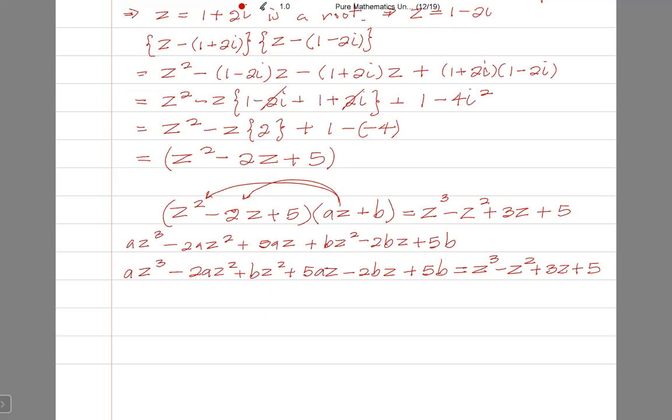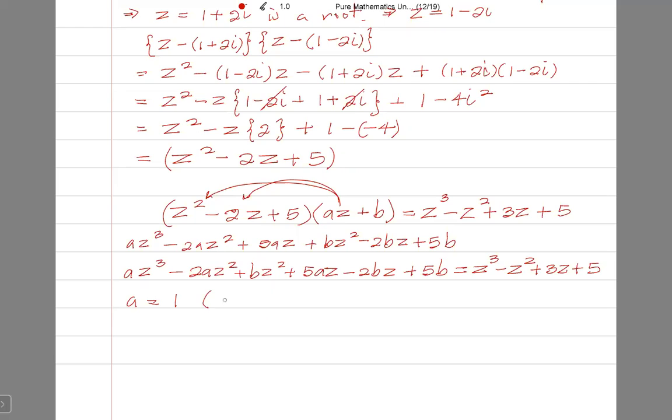If these two polynomials are equal, whatever is in front of Z cube on the left must be equal to whatever is in front of Z cube on the right. It means therefore that A is equal to 1.